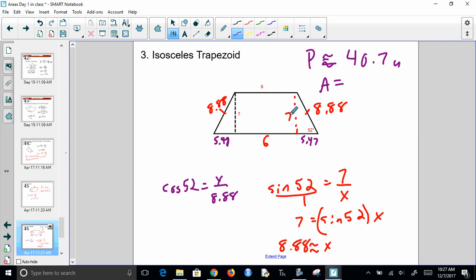So our bottom base, 6 plus 5.47 plus 5.47 is 16.94. So I'm going to take 16.94 plus 6 divided by 2 times 7. And when I plug it all in, I get about 80.29 square units.